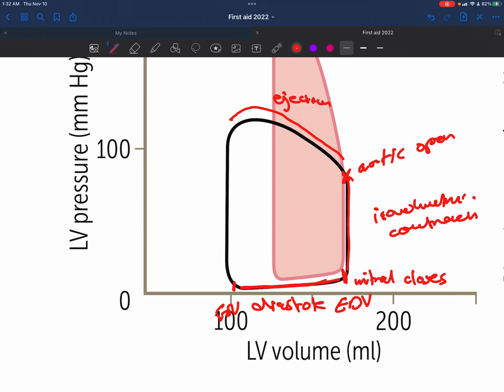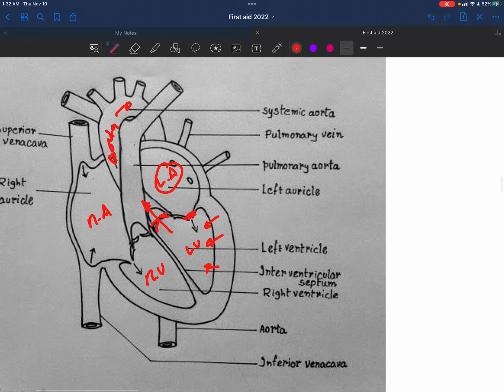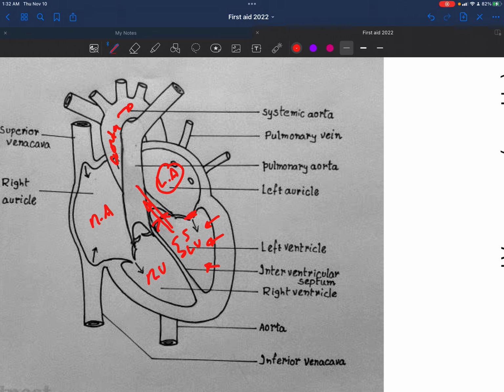So the ejection phase starts over here and ends when the aortic valve closes. This is the aortic valve. Now the blood has moved from the left ventricle into the aorta, into the circulation, and then the aortic valve closes to prevent the backflow of the blood into the left ventricle.